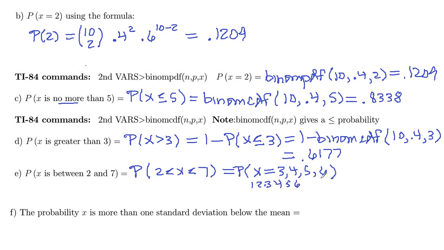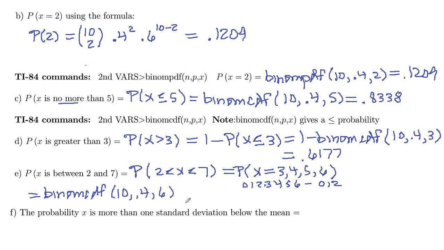So do CDF up to 6, and then subtract out 0, 1, and 2. So that's going to be binomial CDF(10, 0.4, 6).